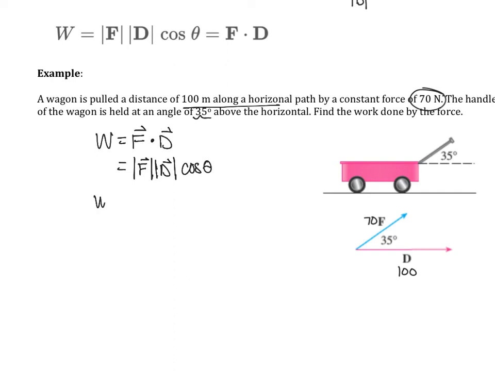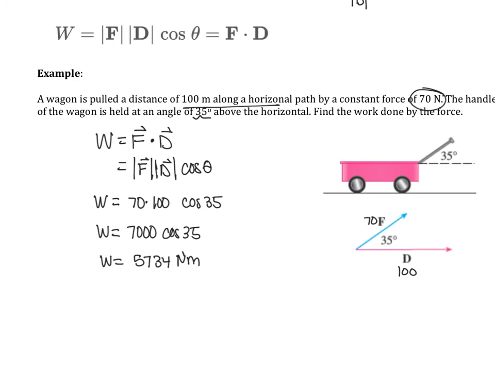So I can say that the work here is 70 times 100 times the cosine of 35. So we get 7,000 cosine of 35, which means the work here was 5,734 newton meters. Yeah, those are the units.